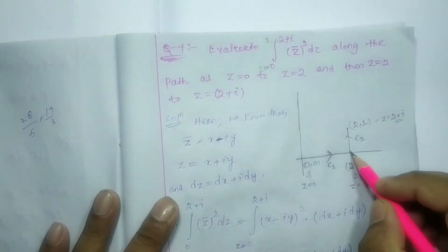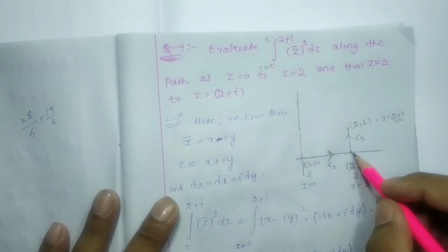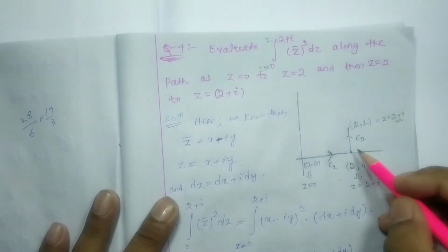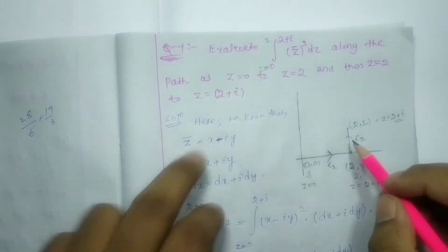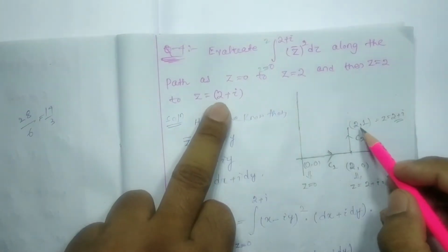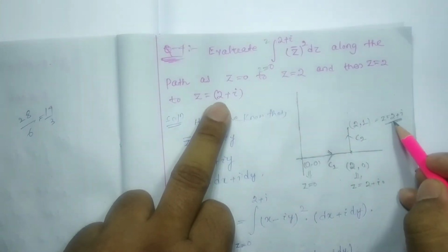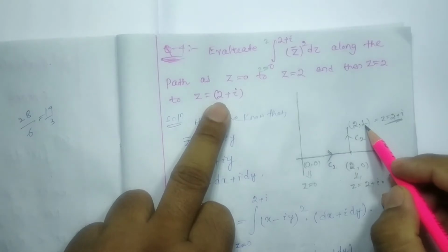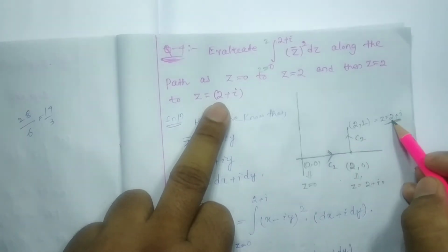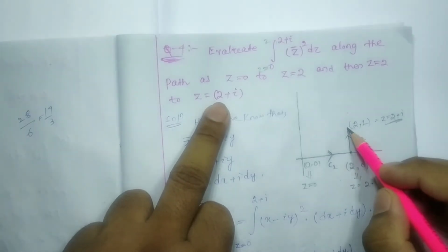Z equal to 0 means the point is (0,0). Z equal to 2 means 2 plus 0i, so the point is (2,0). And 2 plus i means the real part is 2 and the imaginary part is 1, so the point is (2,1).